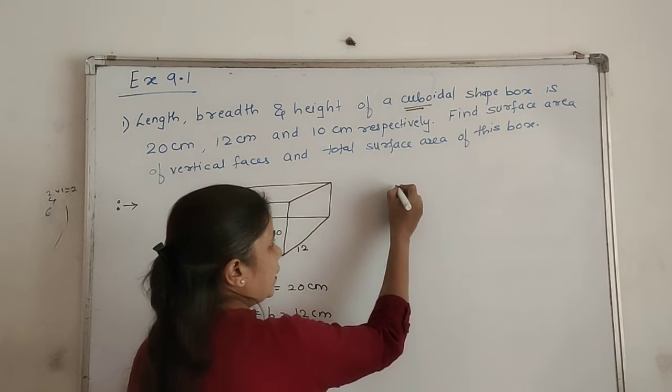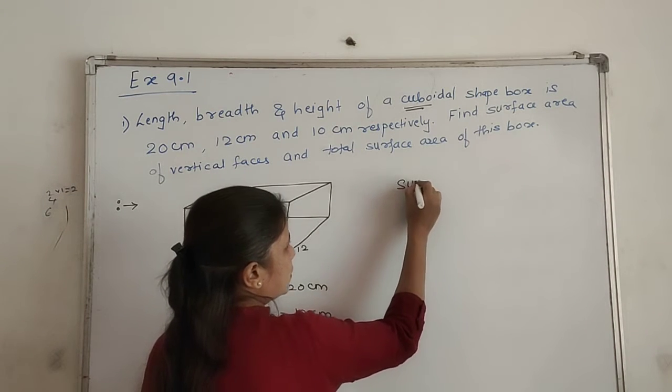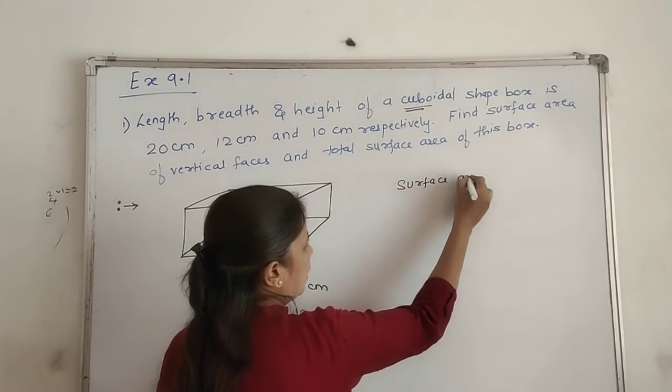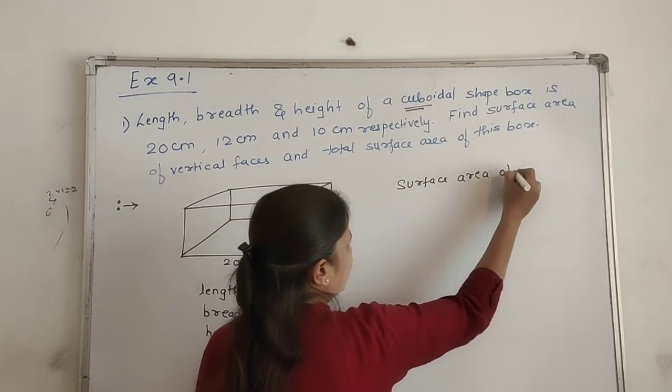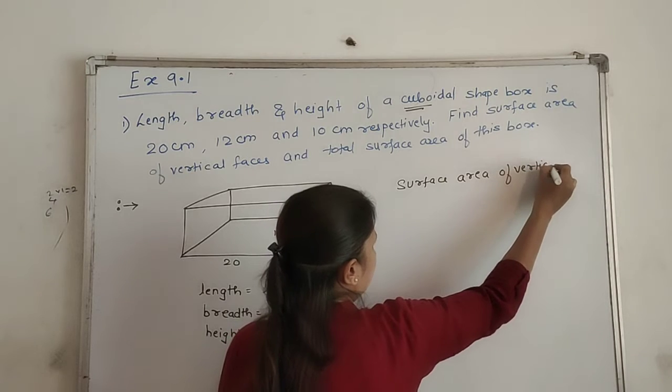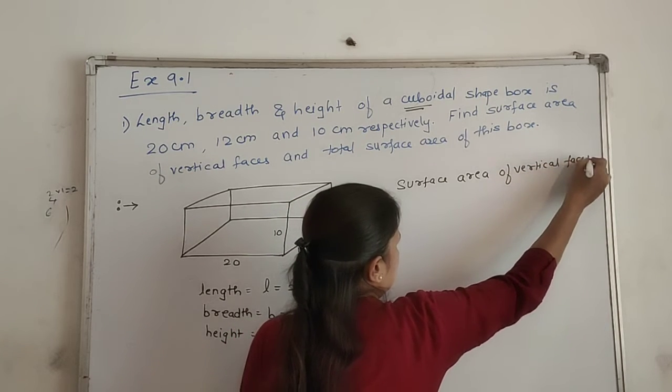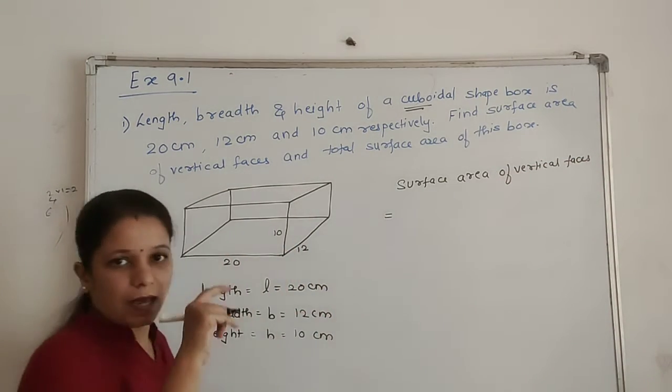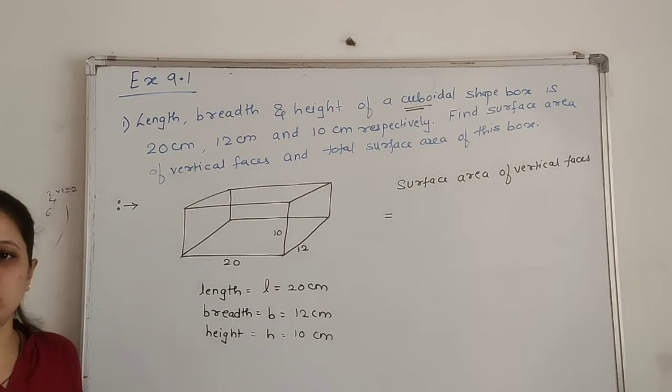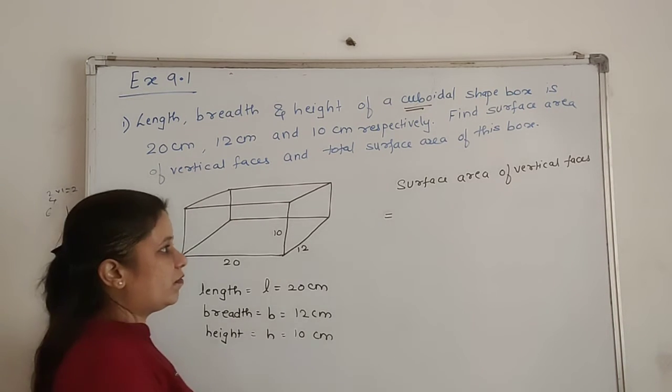So here I will write surface area of vertical faces. Just now we have seen the formula. So first we will write the formula for surface area of vertical faces.